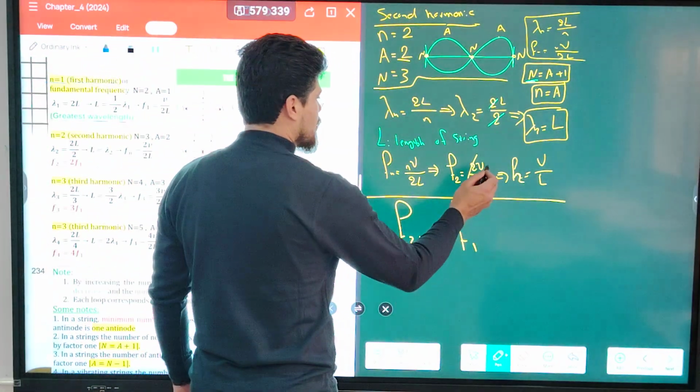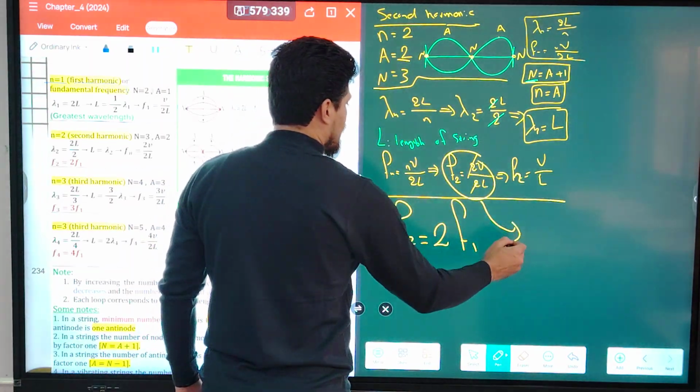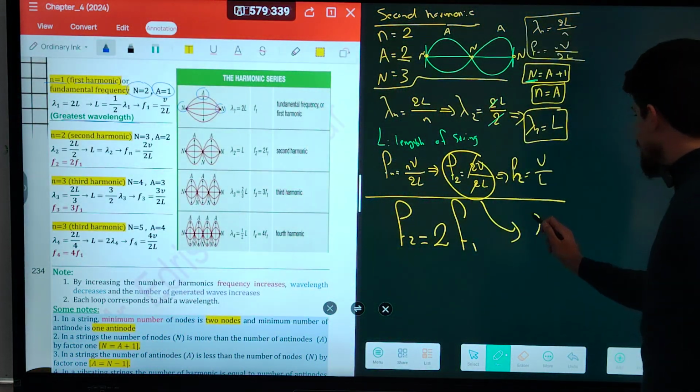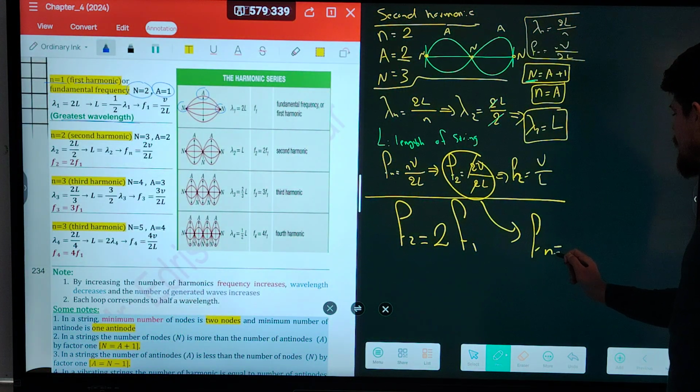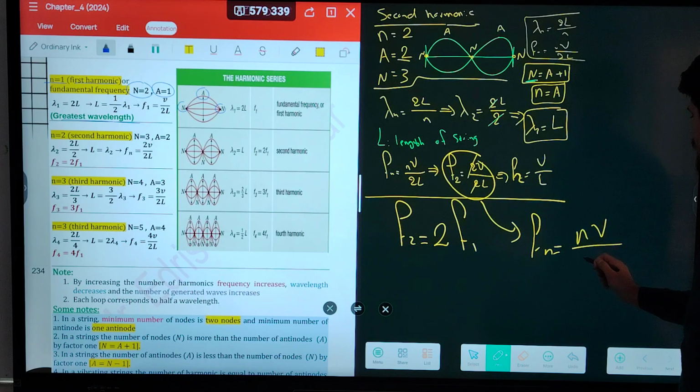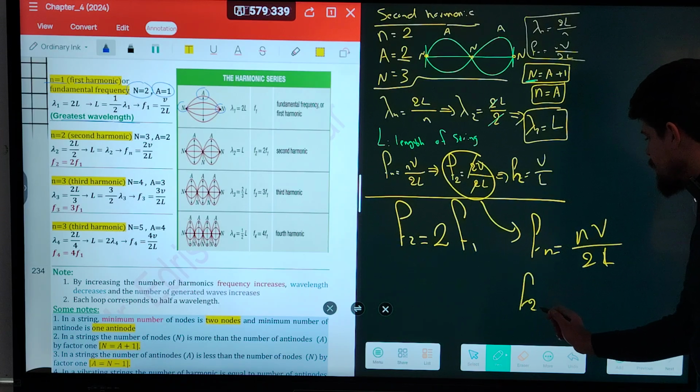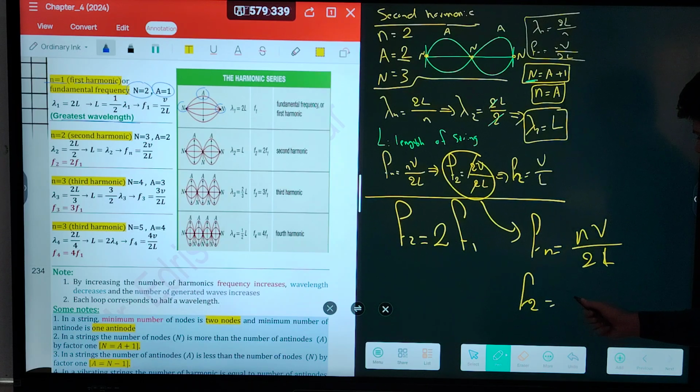How? Look, now I'm going to prove it for you. In the second harmonic, Fn is equal to nV over 2L. F2 is equal to what? Number of harmonic, V over 2L.